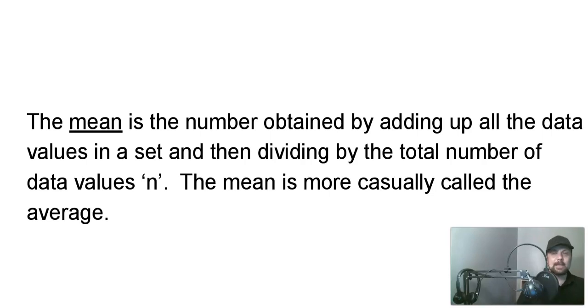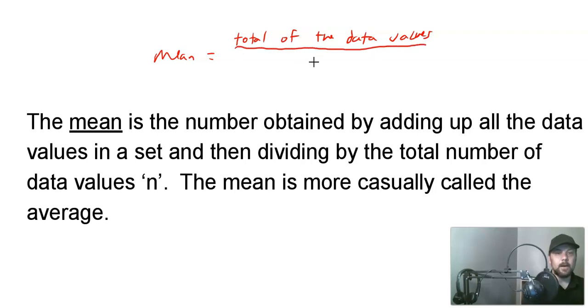So in math, we like to have formulas for things. So how would you make a formula out of that description? Add up all the data values and then divide by the total number. I mean, you could use words, right? You could say, the mean equals the total of the data values divided by... and that's even a little bit imprecise, right?